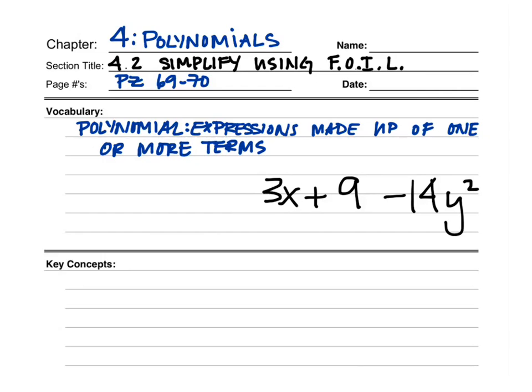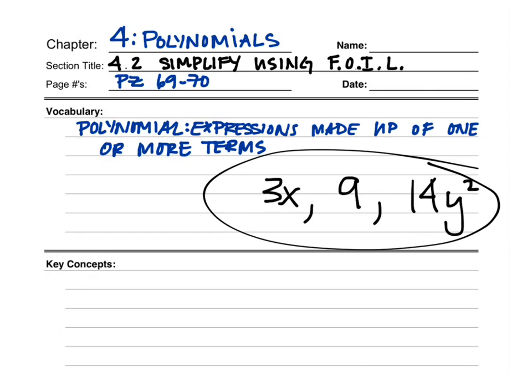We can call a 3-term polynomial a trinomial, and we can call a 2-term polynomial, so if I was to get rid of this and say we were subtracting 3x minus 9, I could say this is a binomial. So these are just some pieces to think about. You do not need to write those down.